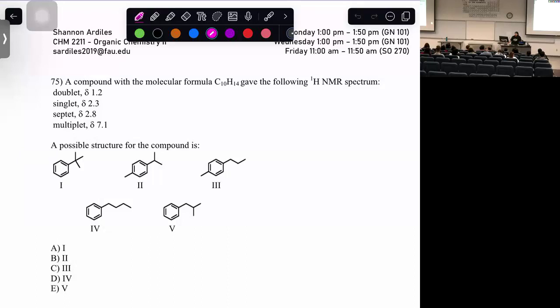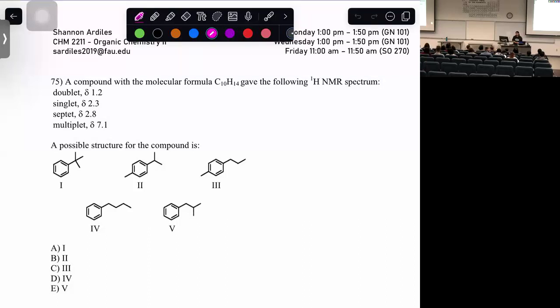Someone in the back. What do you guys think? Okay, so we all agree that it's gonna be option B. Okay, why is it B? What did you notice? What do you think it's B?